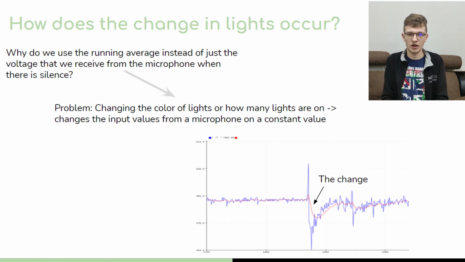Well, as it turns out, when we change the lamps, the input from the microphone changes by a constant value. We do not know why this is, but we do know how to fight this problem. And we do it with a running average, which values the most recent inputs from the microphone. That's how we fight it. And you can see on the graph the change that occurs.